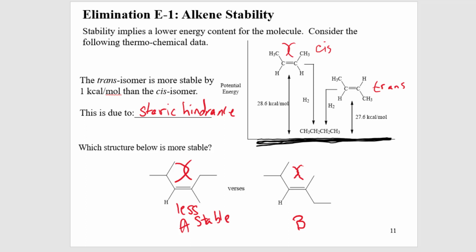So what you can do is measure the energy given off, the delta H, when you hydrogenate these species. And the more energy given off, that means it must have started from a higher energy. If it goes to the same place, but it gives off more energy, that means that it started at a higher energy, right? Its potential is higher.